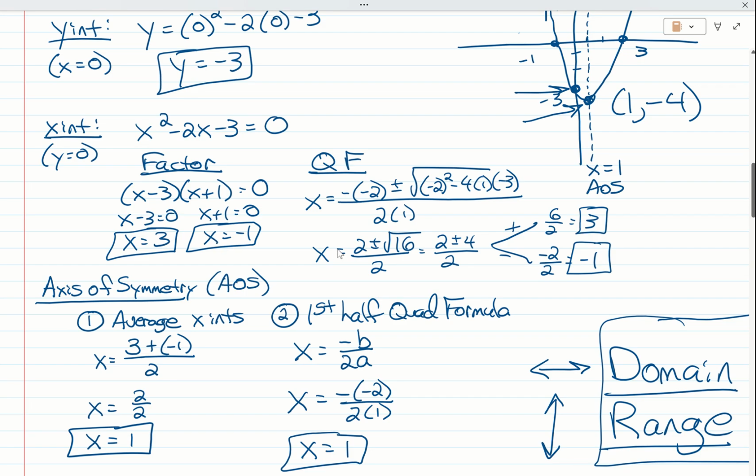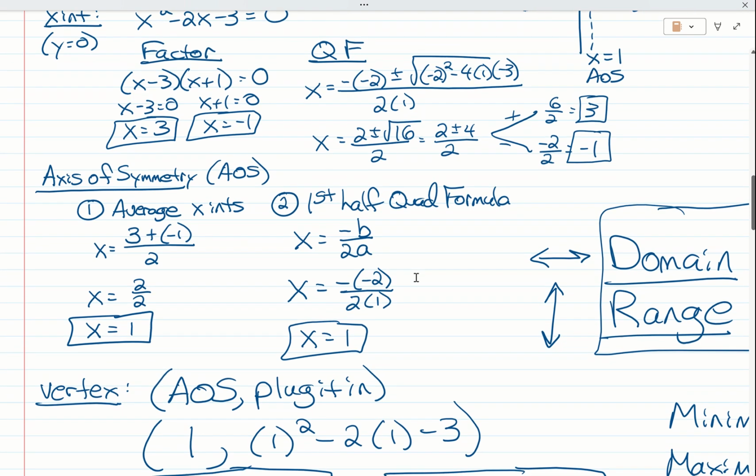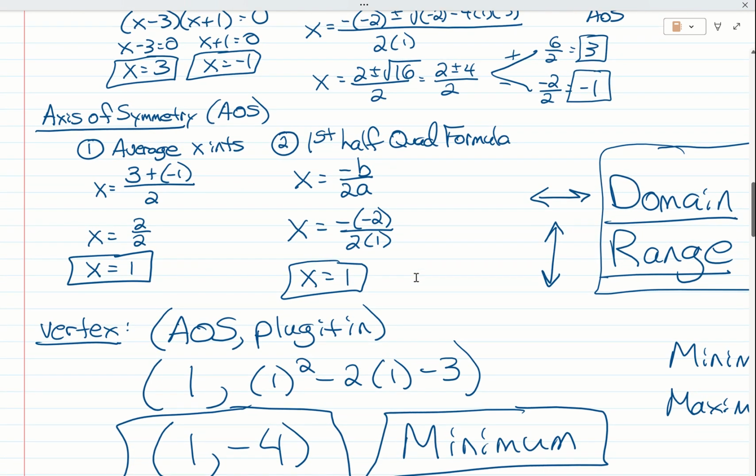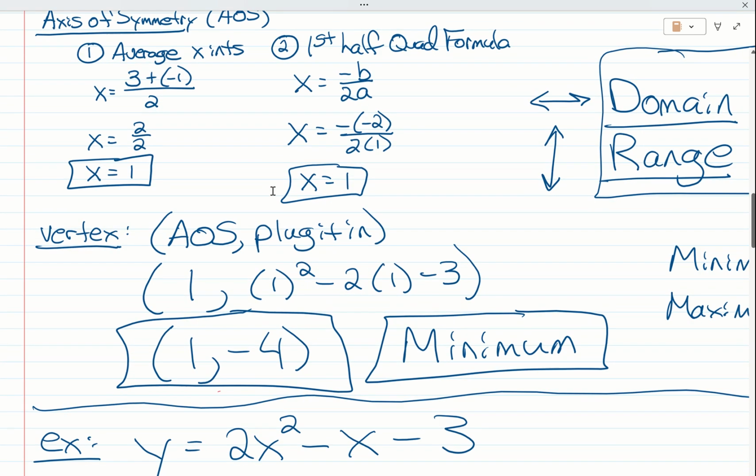The other way that we talked about doing this was using the quadratic formula version, where you take the opposite of b over 2a and you don't include the plus or minus square root. Many of you chose to use that second version, which is fine. Most people like that, but if you forget the formula, you could always average the x-intercepts as well.